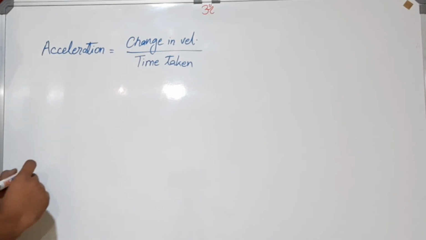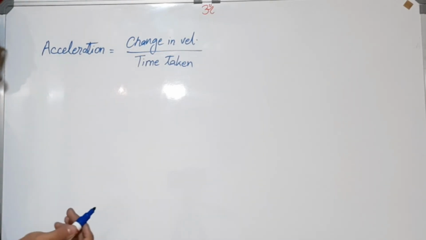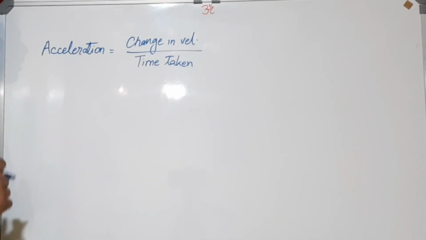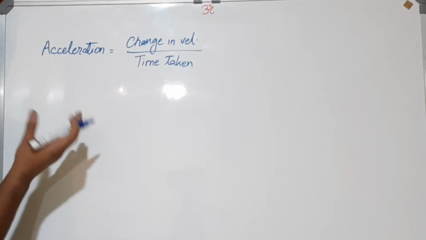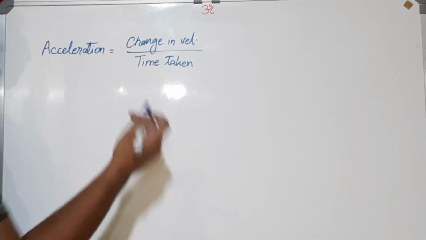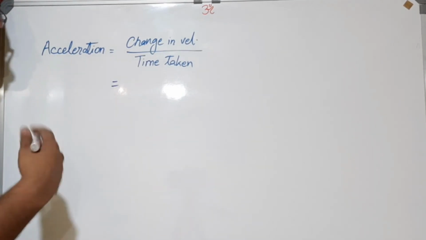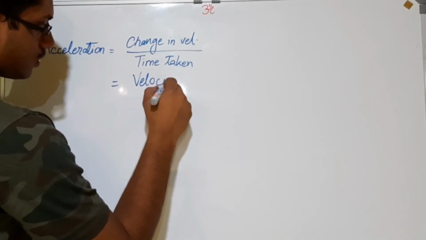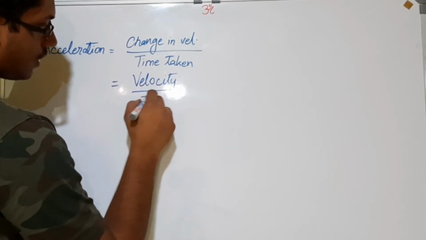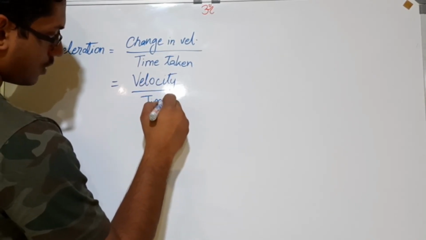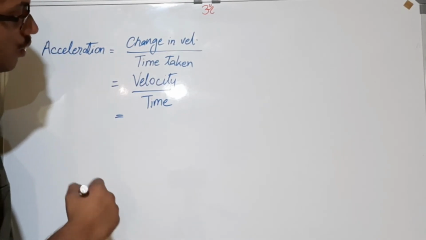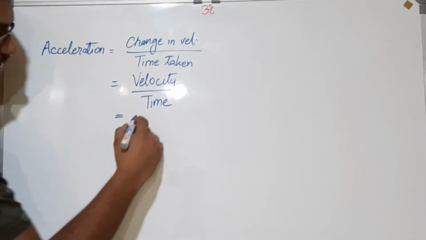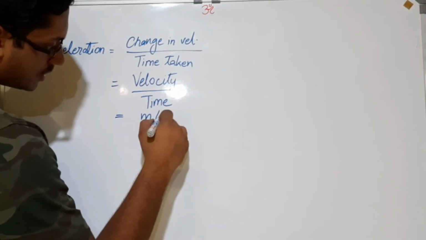Now see, change in velocity, while writing in units we will take it as velocity only, just consider it as velocity only. Velocity by time. So what is the unit of velocity? It is meter per second.